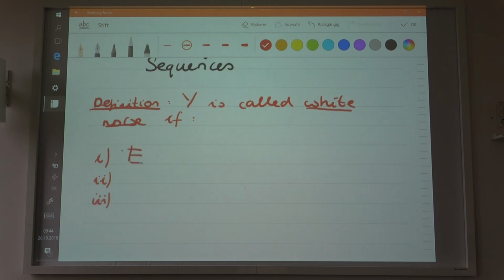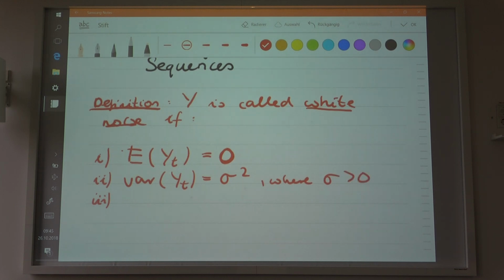The first one is that the expectation of the process, I mean, you can say that the expectation of the process here without loss of generality is always 0. So basically the mean is not just time independent, it's also equal to 0. Now the second is that the variance is sigma squared, where sigma is greater than 0, so the variance is constant.